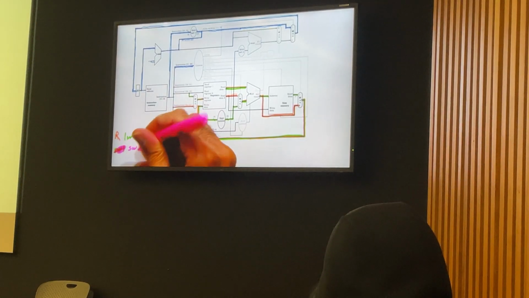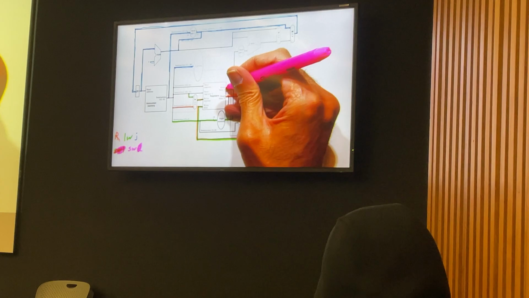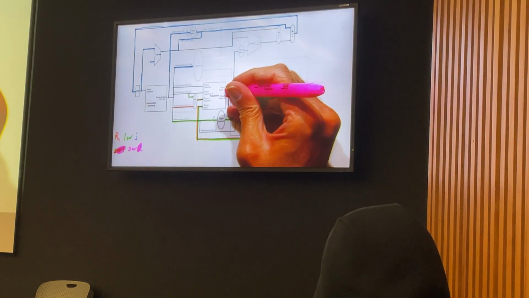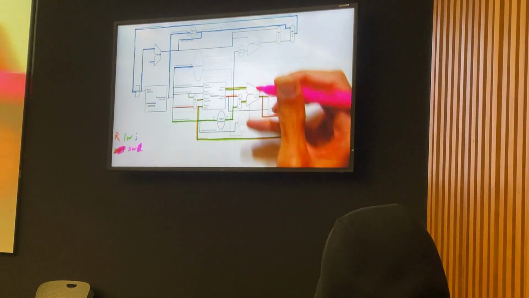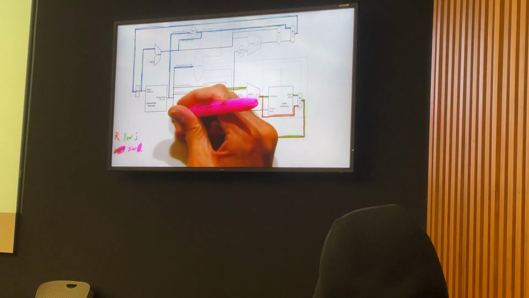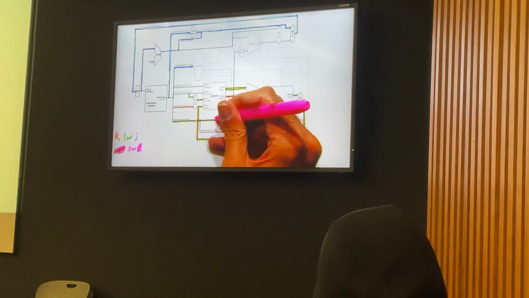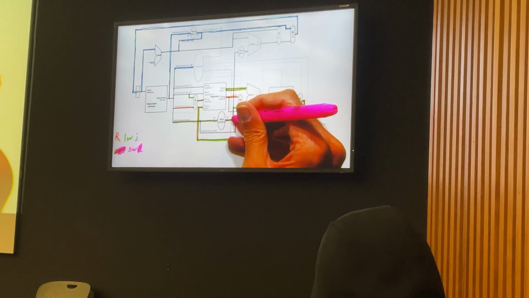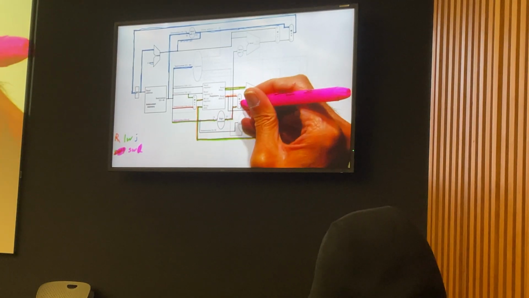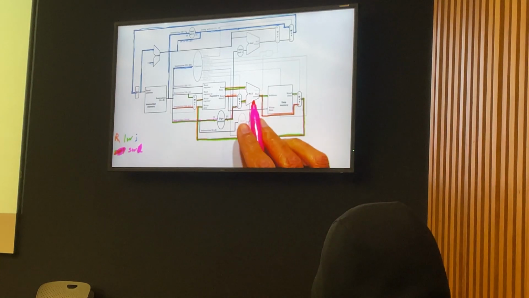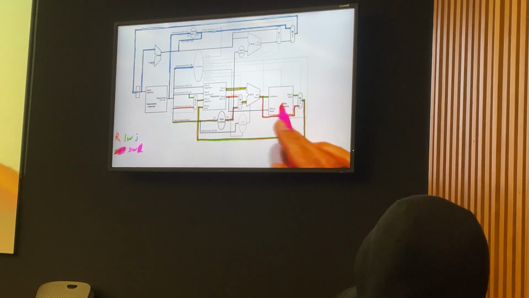So store word. Everything in green is still there. You do the immediate sign extend. You add that, so you compute the address. Except now you're not sending data.